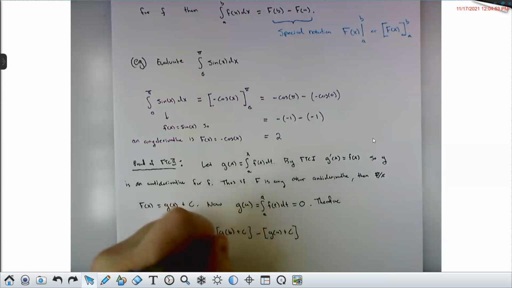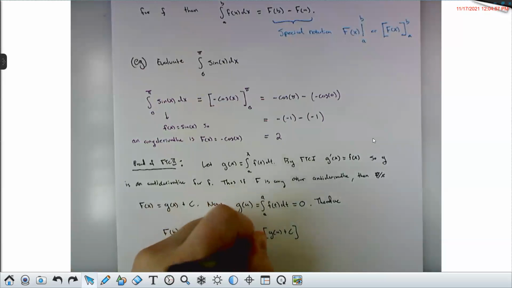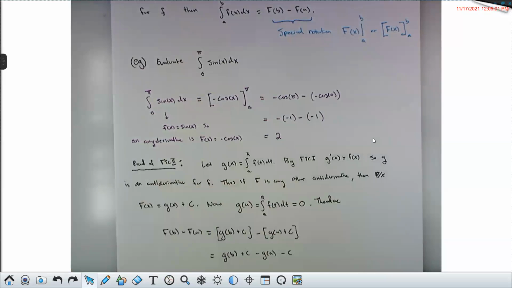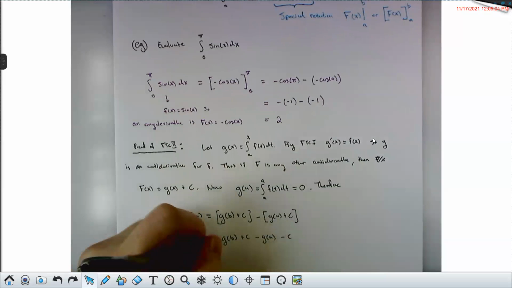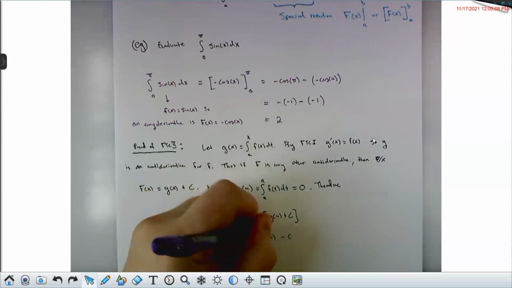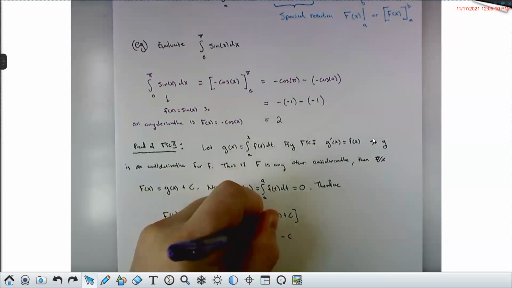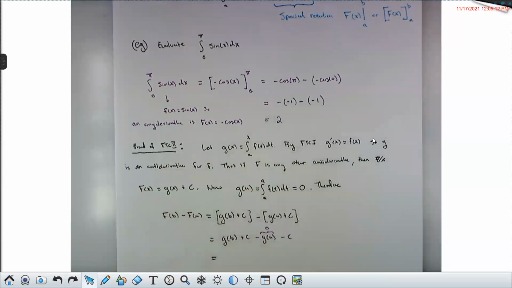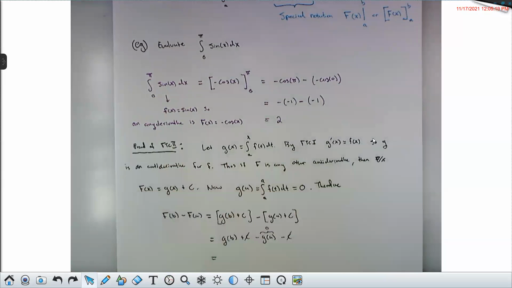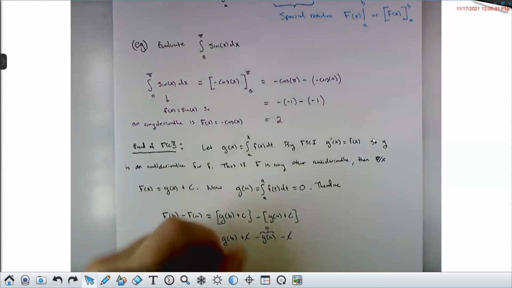And distributing the negatives, this is g of b plus c minus g of a minus c. The c's cancel. And we know that g of a is 0. That's what we showed here. So these cancel. G of a is 0. So you just get g of b.